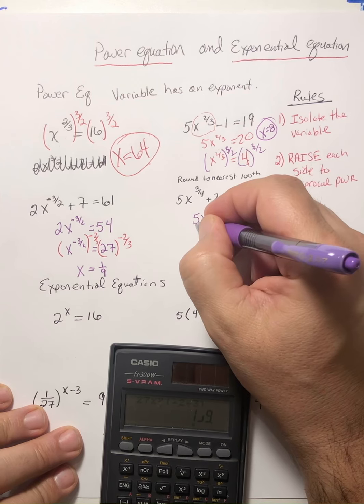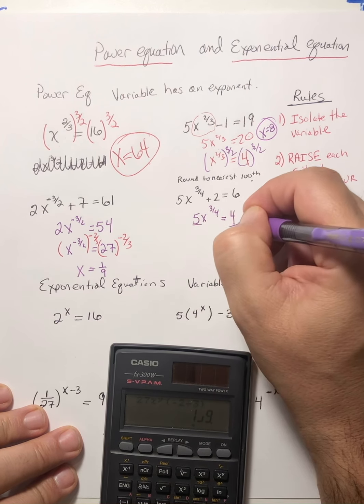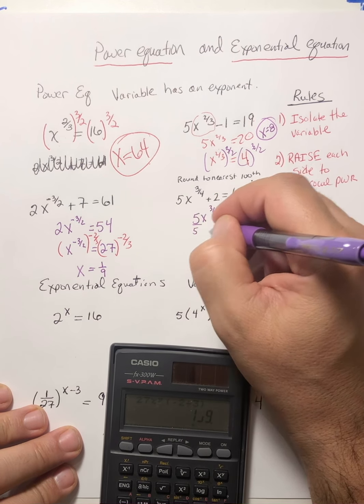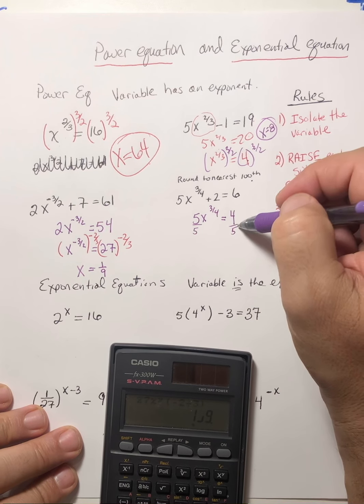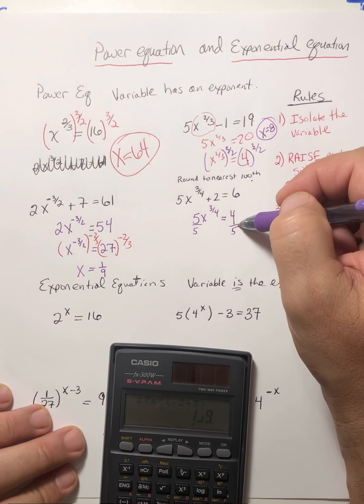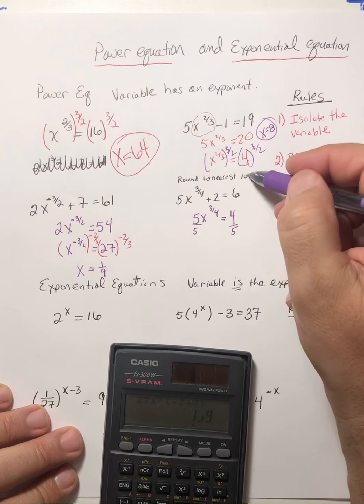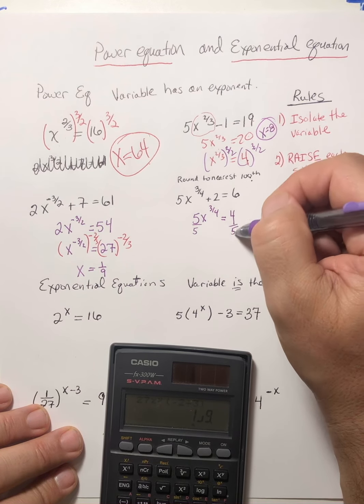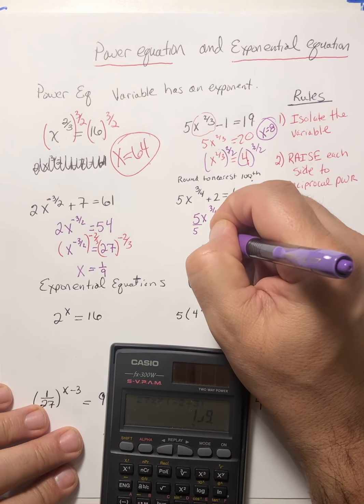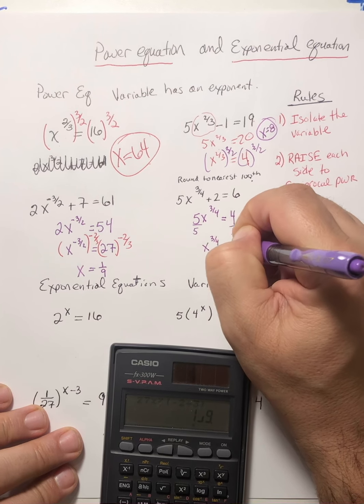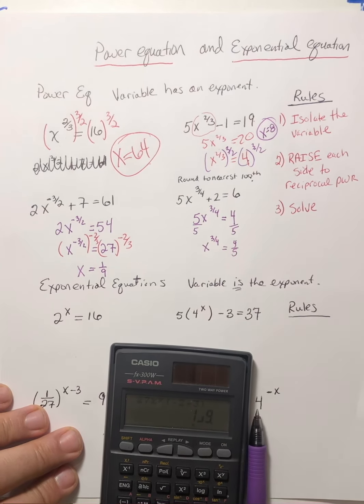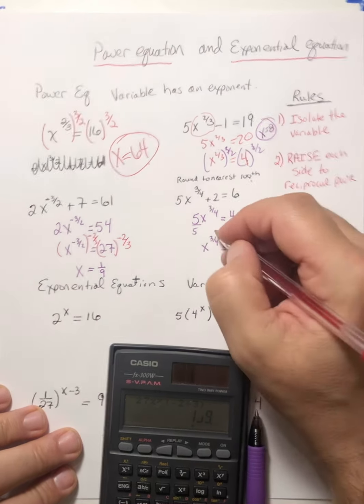Now I'm going to divide by 5. When I divide by 5, that's going to be a fraction, or I can change it to a nice decimal. The calculator doesn't care, especially because I'm saying round to the nearest hundredth. But I'm going to leave mine as a fraction. So I have x to the 3/4 equals 4/5.